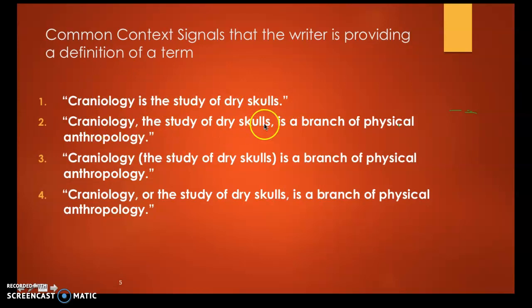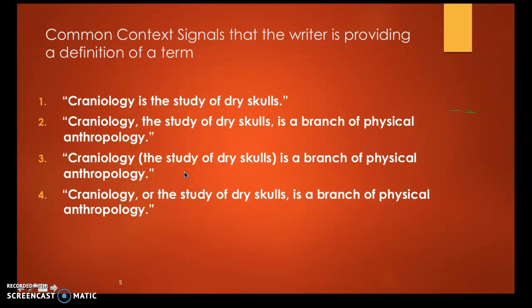This is another way that you may see it: craniology, the study of dry skulls. This is a restatement of the term. It's telling you what that means in simpler words. So craniology, the study of dry skulls, is a branch of physical anthropology. You may see this same thing done in parentheses as opposed to between commas.